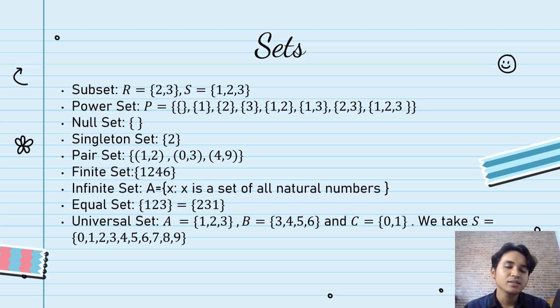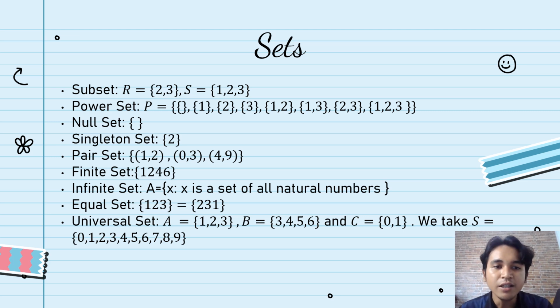Now the finite set is a set having a finite number of elements. A set where counting the elements is possible is called a finite set. Example, set A equals {1, 2, 4, 6} is a finite set because it has 4 elements.